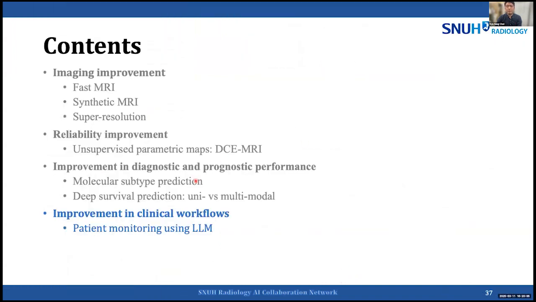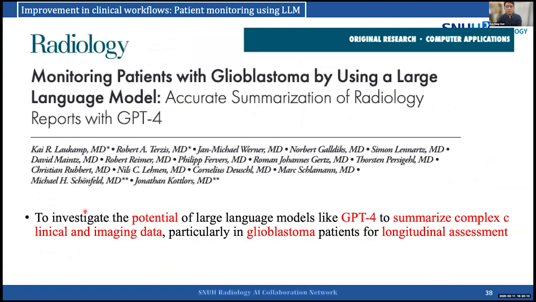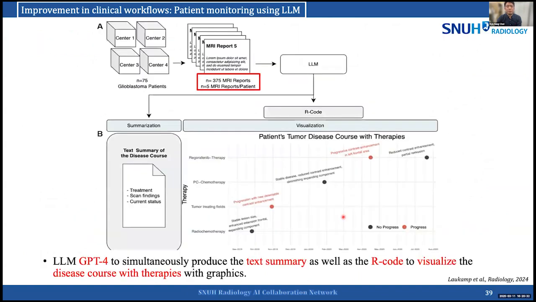The final part is about large language models. The final paper deals with monitoring patients using LLM in glioblastoma. They investigated the potential of large language models like GPT-4 to summarize complex clinical and imaging data, particularly in glioblastoma patients for longitudinal assessment.